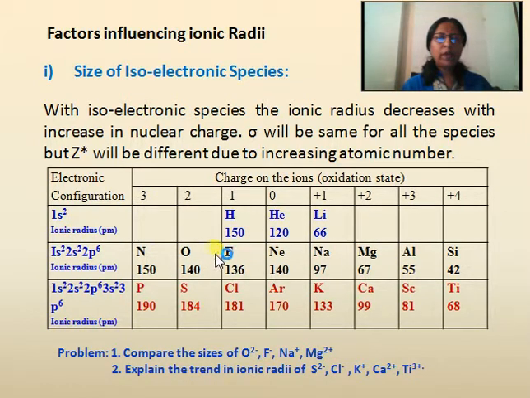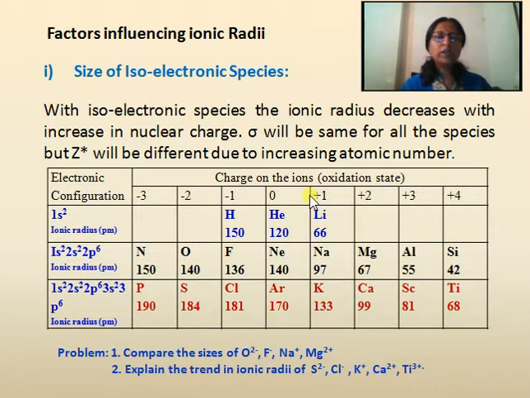When hydrogen is in the -1 oxidation state, its electronic configuration will be 1s2, and helium's electronic configuration is 1s2, and lithium in the +1 state has an electronic configuration of 1s2. The ionic radius values are written here. So first let me tell you about this series.